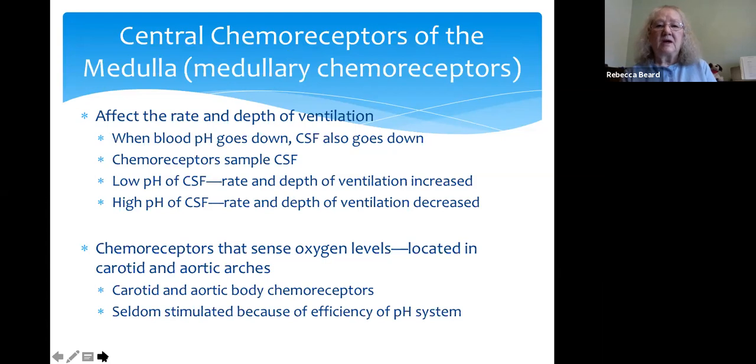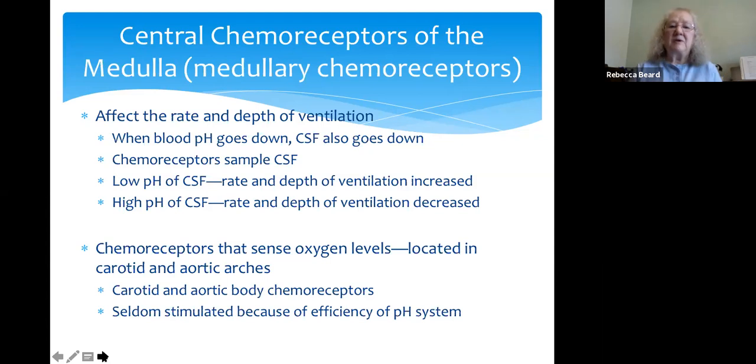Okay. Then there's some other chemoreceptors in the medulla, the medullary chemoreceptors that are going to be also involved in this process. So these are going to be affecting the rate and the depth of the ventilation.